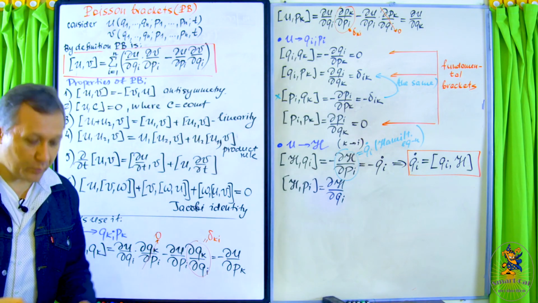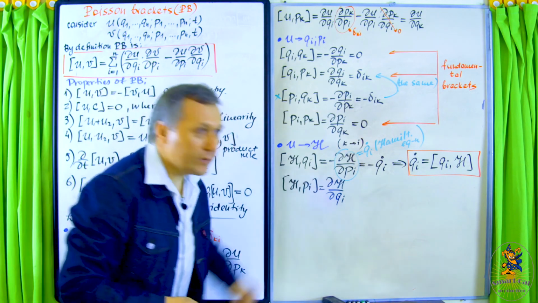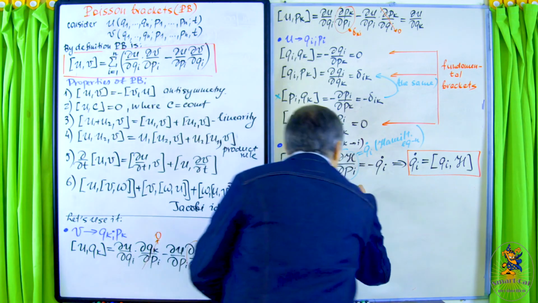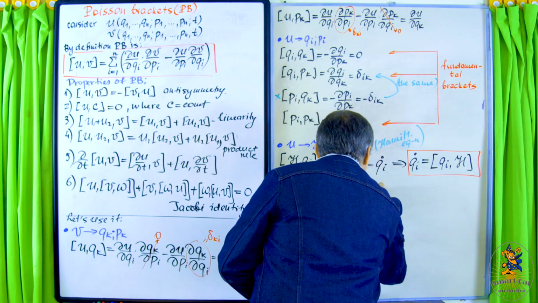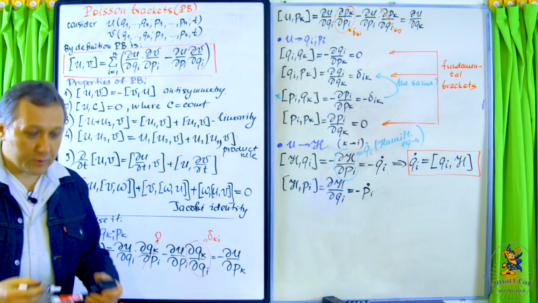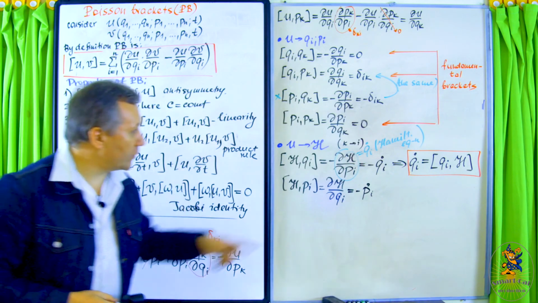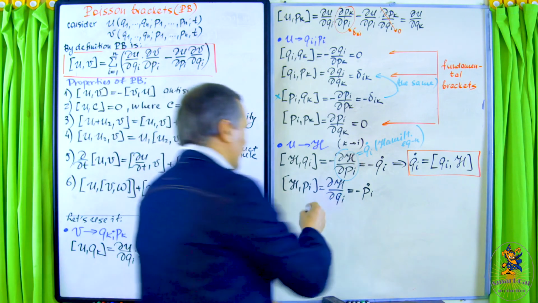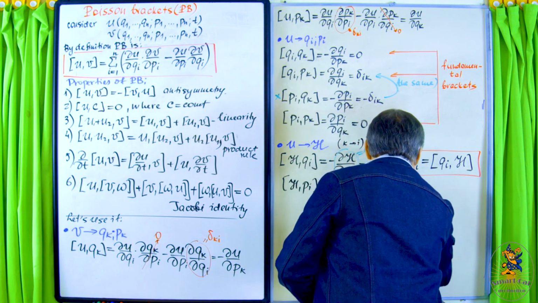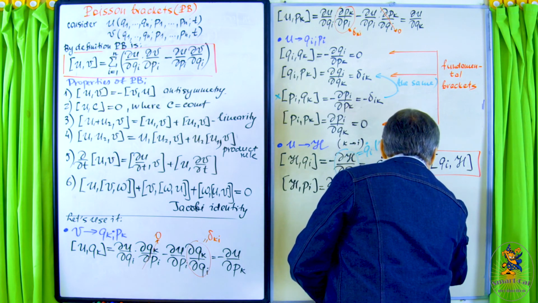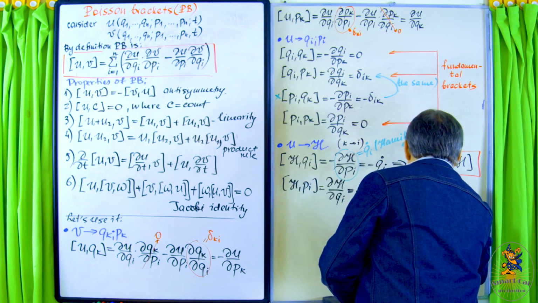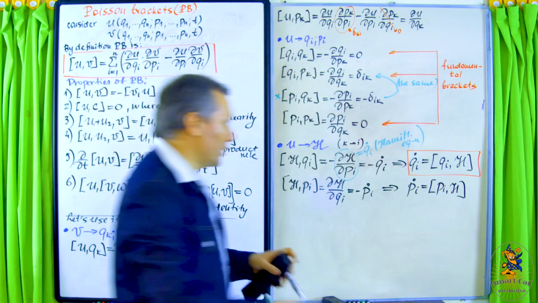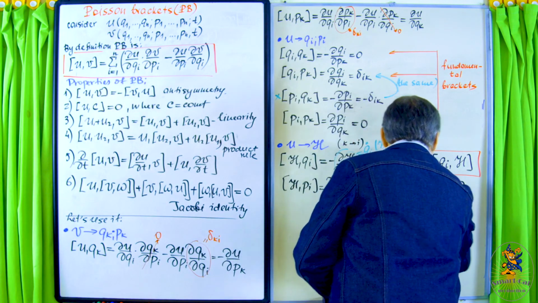Now let's recall the second Hamilton's equation: dH over dq_i is minus p_i dot. So it will be minus p_i dot. Again, minus, let's hide it. Flip the order, and as a result we're getting the second Hamilton's equation: p_i dot equals the Poisson bracket of p_i and H. The second Hamilton's equation written in terms of Poisson brackets.